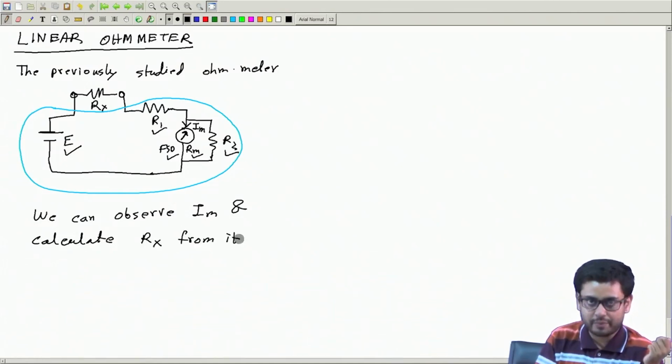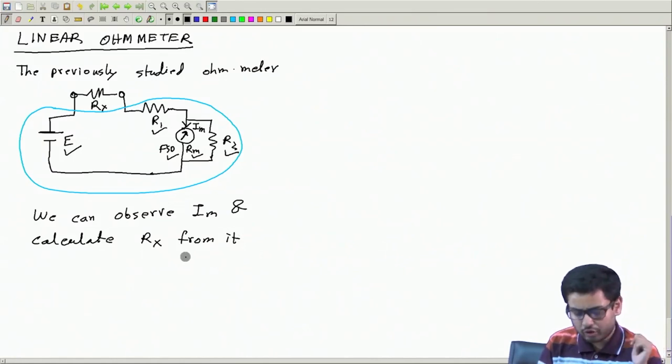So, a quick recapitulation of this. Now, you know, this meter was not linear. Why?